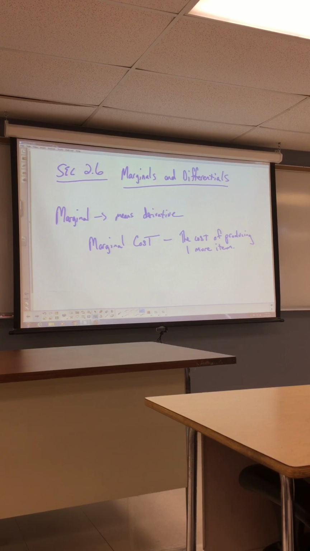The cost of producing one more item. So if I make 50 things, and I want to make 51, the cost that it takes me to make that next item is called the marginal cost.